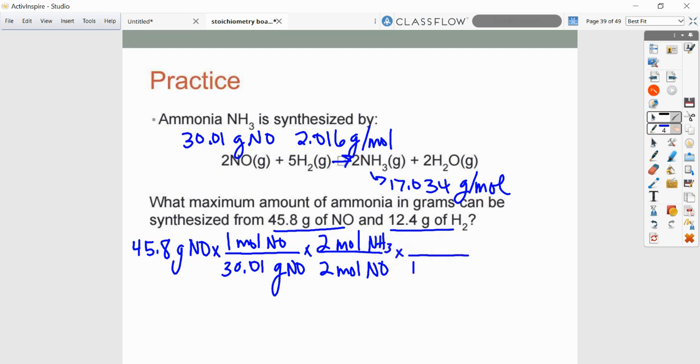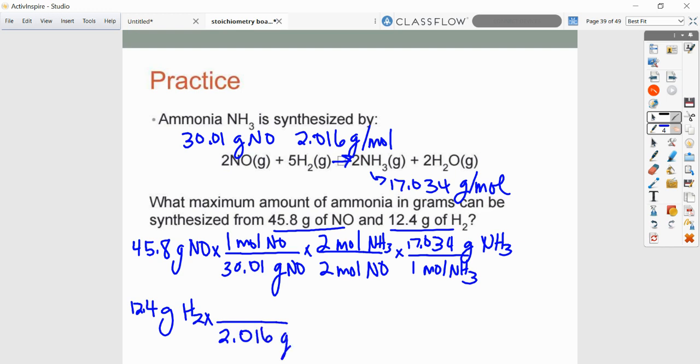And then convert to grams. 1 mole of NH3, 17.034 grams of NH3. Then we'll do the same thing, 12.4 grams of H2, convert that to moles. Use our mole ratios. Convert to grams of NH3.